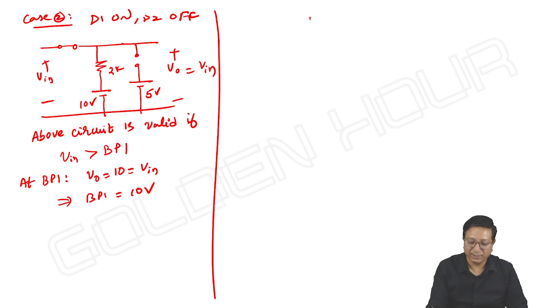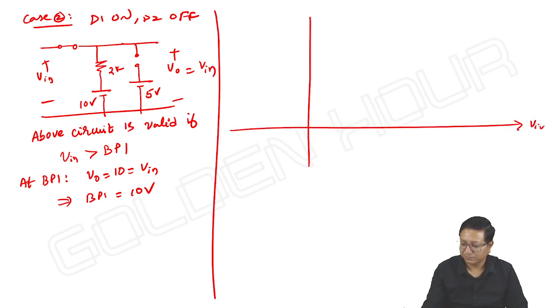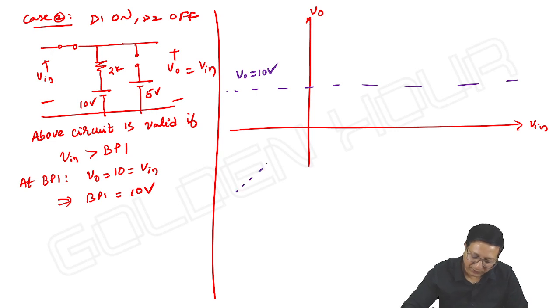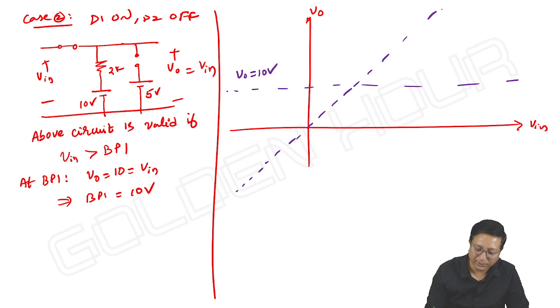Now, if I draw the transfer characteristics, one equation is output is equal to 10 volts. Another equation is output is equal to input.